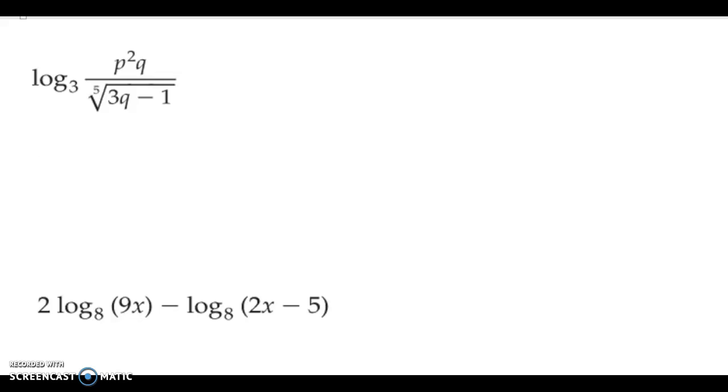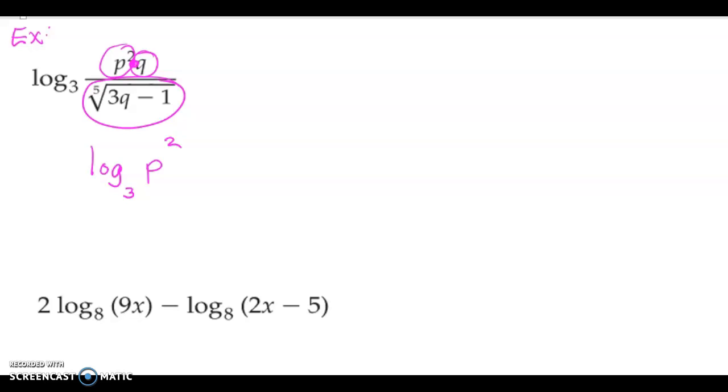Again, we're expanding. The direction should say expand. So I'm going to have to write log base 3, 1, 2, 3 times. Log base 3, I have to write it 3 times. So here we go. Log base 3 of p squared.